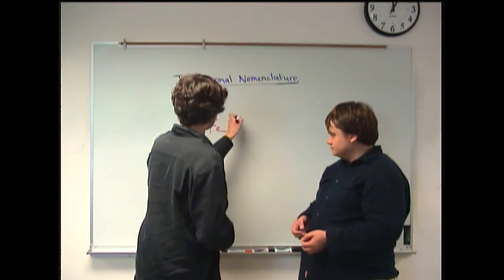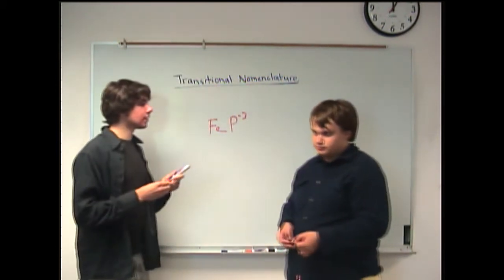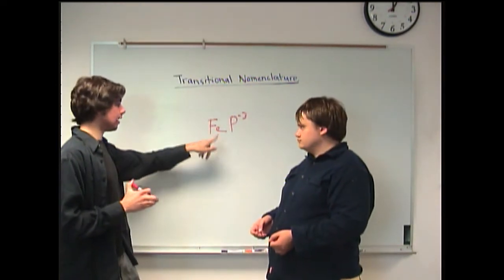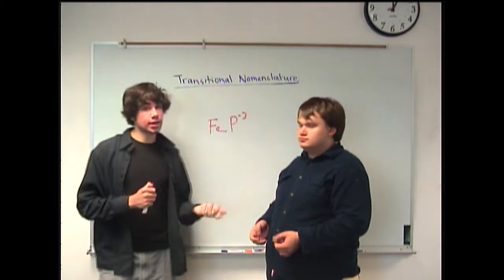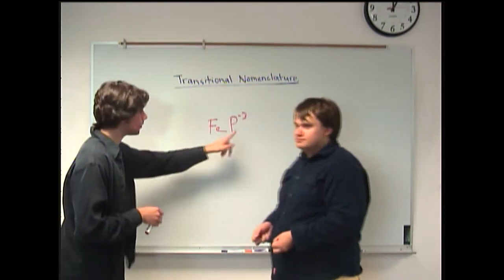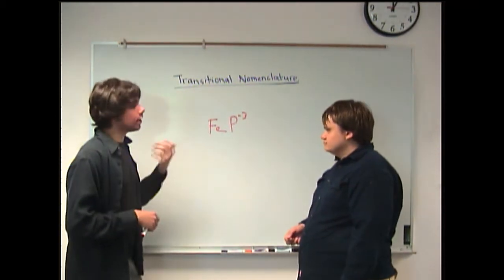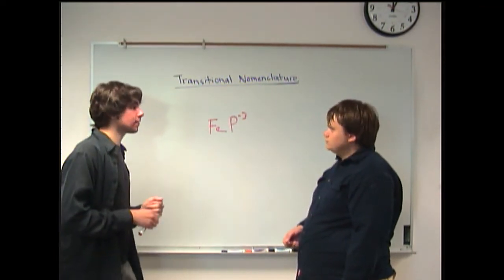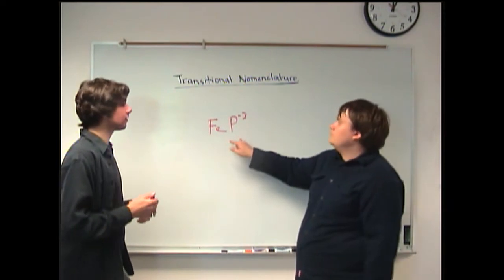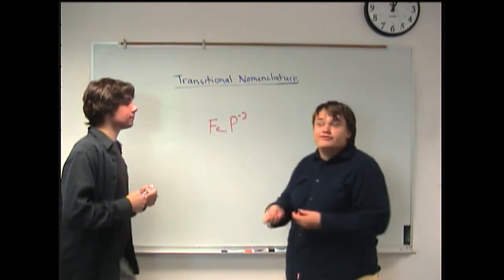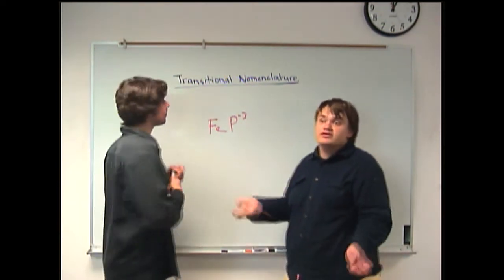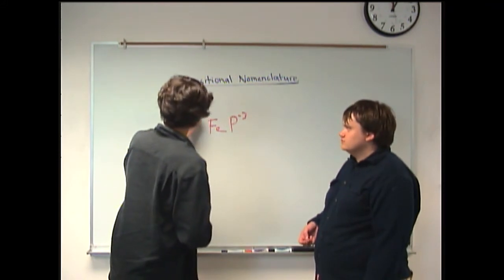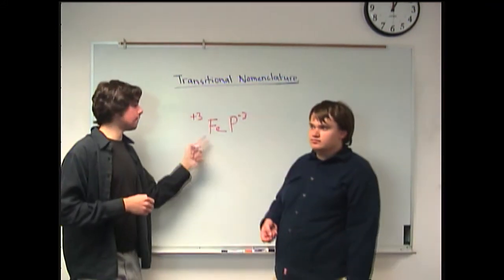Since the iron and the phosphorus are bonded, overall it's got to be neutral. So what charge does iron have to have? If there was only one iron and one phosphorus, the iron would also have to be +3. Exactly, which balances it out and you get FeP.